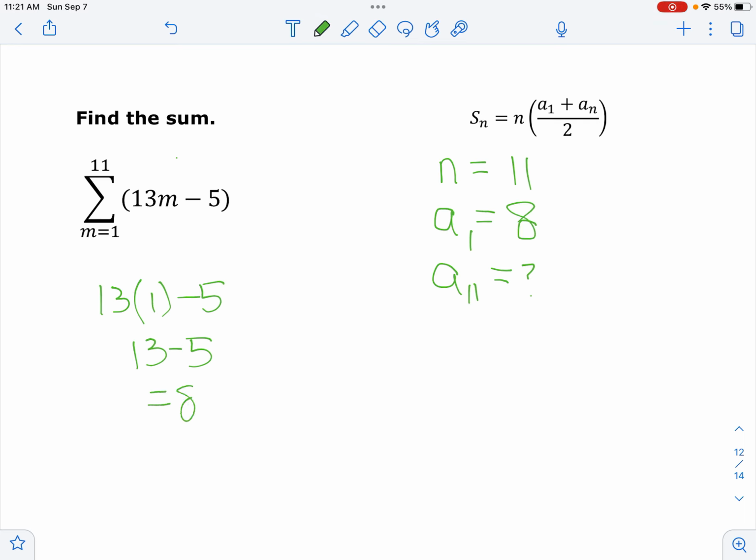Right, this equals 8. Okay, well, we still do need to figure out what the 11th term is. So now I'm going to go 13 times 11 minus 5. 13 times 11 is 143. Okay, minus 5, which would give me 138.